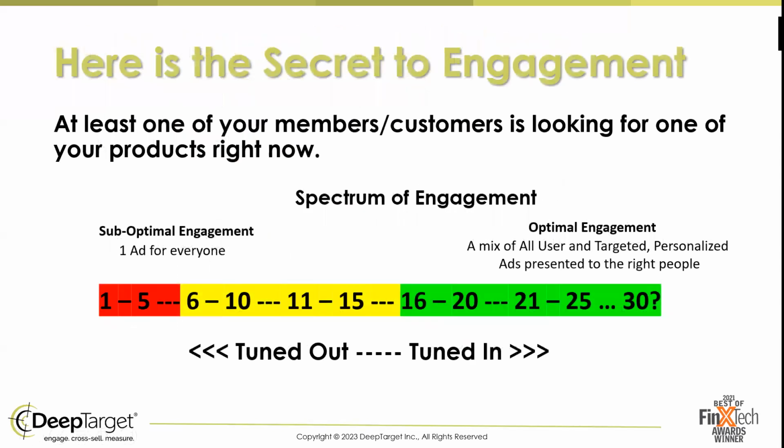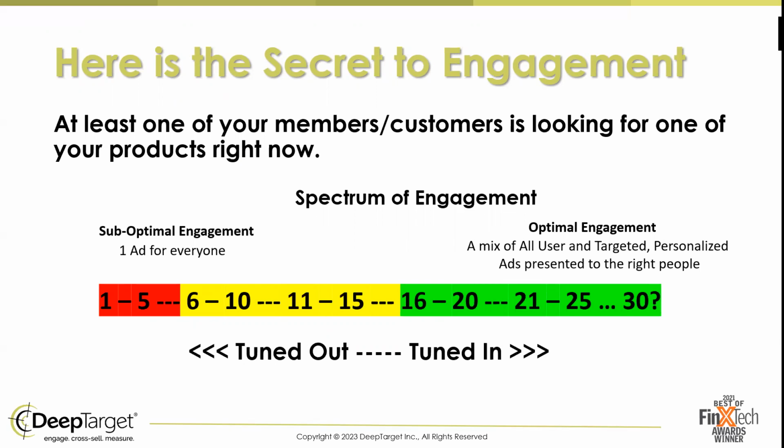So here's a little diagram to just give you an indication of a spectrum of engagement. And the honest truth is, if the number of campaigns that you're running to the left here, 1 to 5, your engagement level is suboptimal. 6 all the way up until, I'll say, 16 perhaps, and there's some leeway in there, is okay.